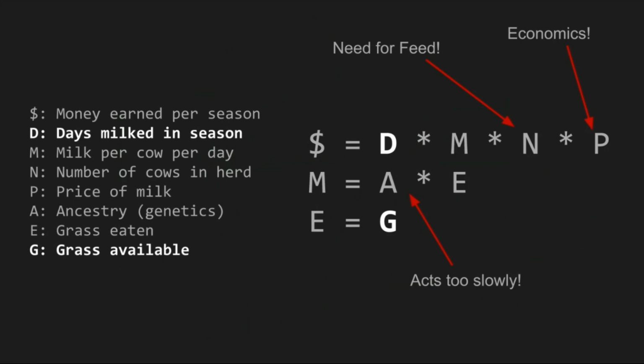Price of milk is just economics, you can't control that on your farm, unless you had a really big farm, I suppose. And you can tune the genetics, but cows mature at about 2 years old, so you can only really change that once every 2 years. So it's quite slow. So those are two big levers: days of milk and how much grass you can grow.